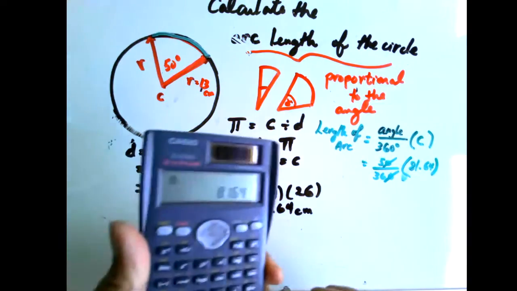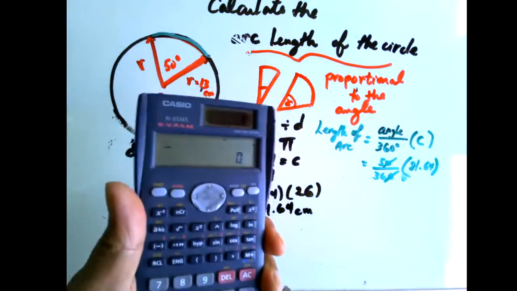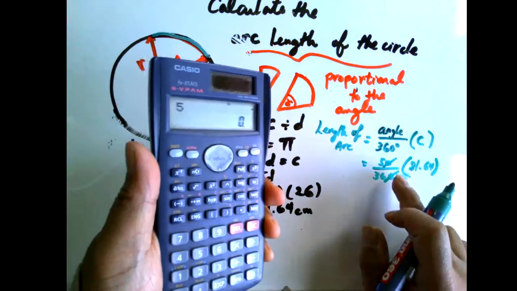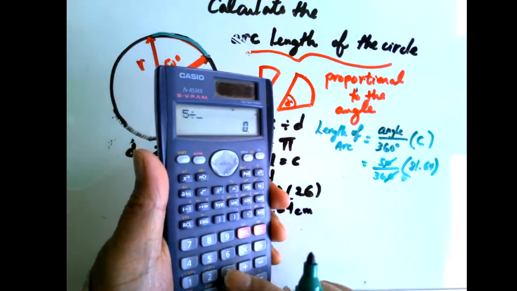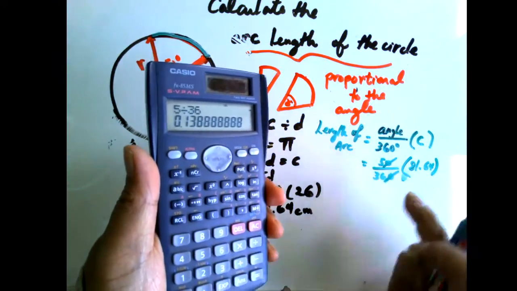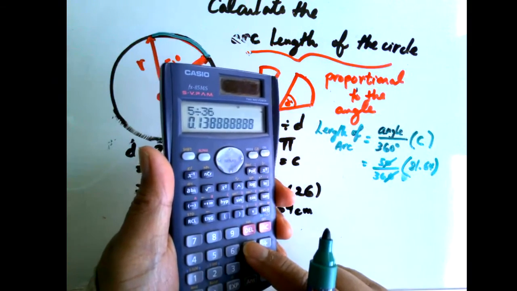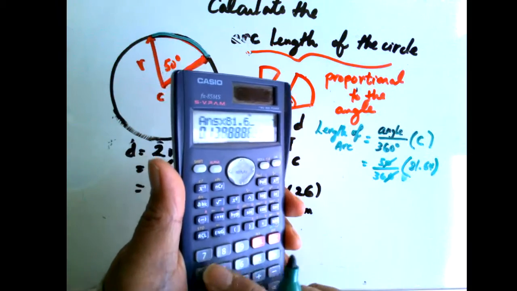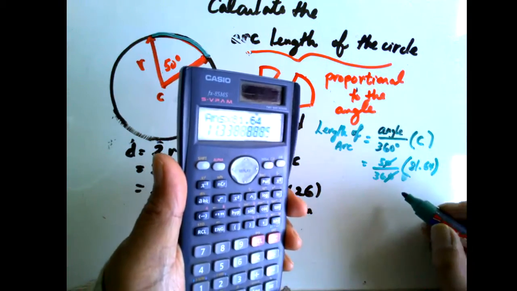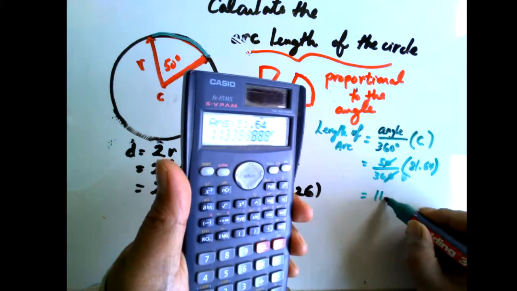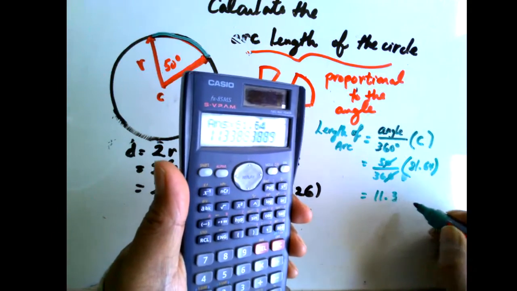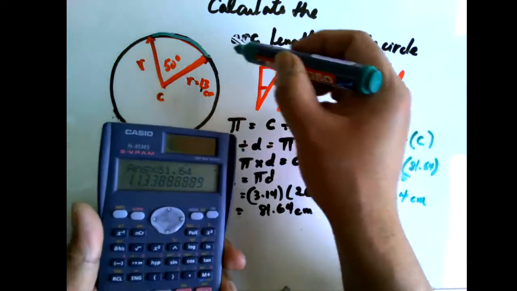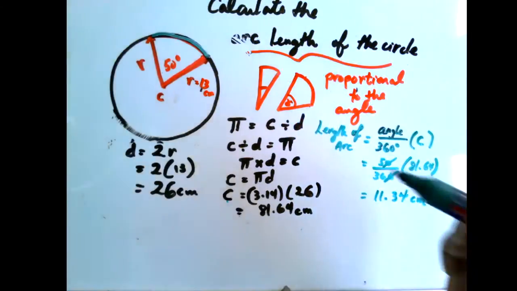Well, you can calculate it now. 5 divided by 36 times the circumference, which is 81.64, and your answer is 11.33, or 34, to 2 decimal places, centimeters. That's the value of this arc length.